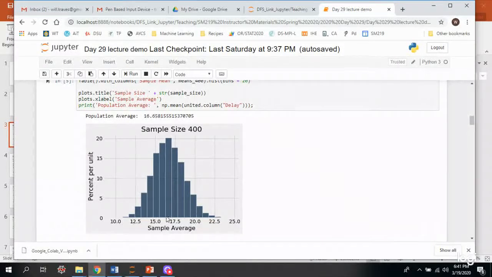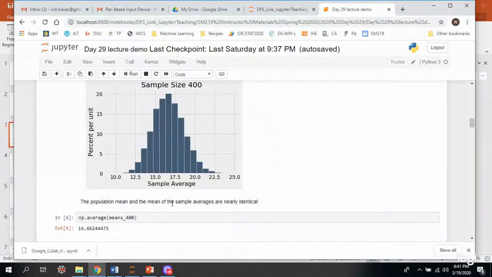Notice that the center of the sample averages sits right about here, about 16 and maybe a little bit more. And so the center, the expected value, let's say, of the sample averages seems to be very, very close to the population average. And in fact, that's true. They're nearly identical.